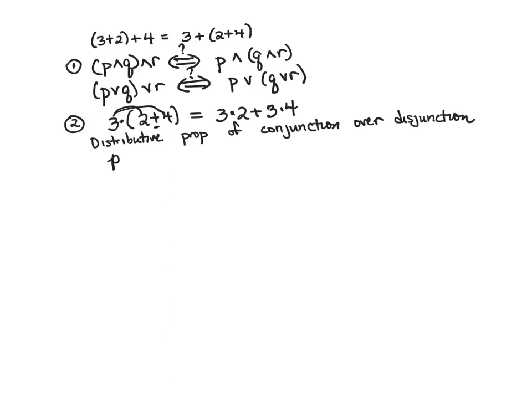We would have our 3 statements. However, if this distributes the conjunction over the disjunction, the disjunction's on the inside and the conjunction's on the outside. And we're asking, is that logically equivalent to P and Q or P and R?